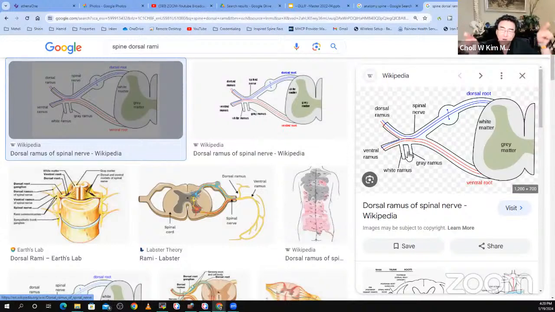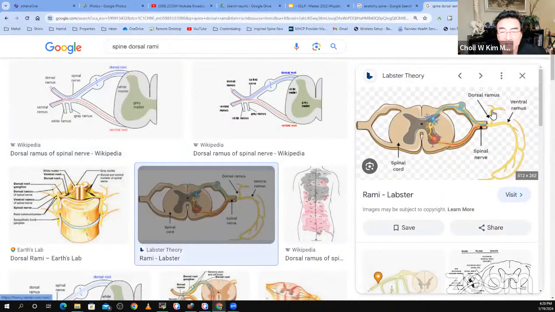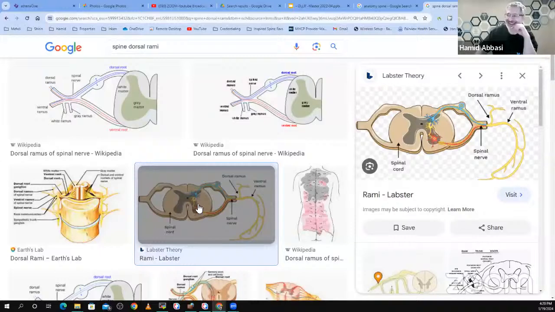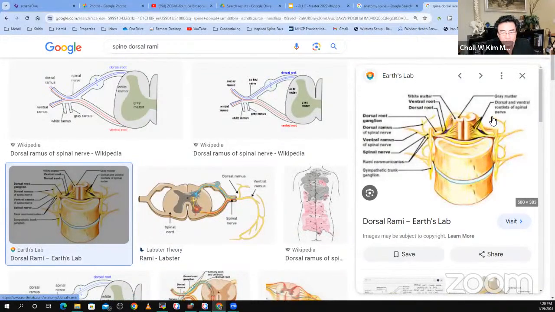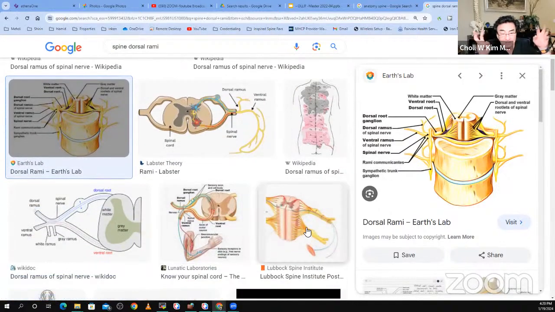But small little branches of the nerve curl back and innervate the pain sensory fibers of the little joints in the back of your spine, the tendons and the muscles. And those are called the dorsal rami branch. It's just a silly name that medical doctors come up with using Latin. It's completely forgettable, but they're little branches of the nerve that serve to basically provide pain sensation to your back.